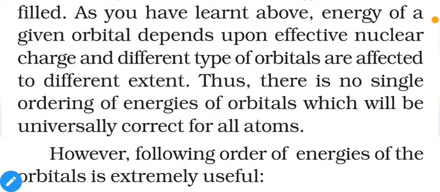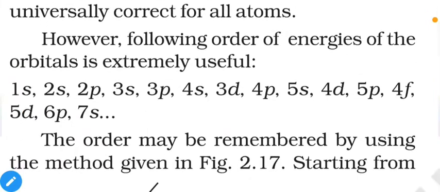As you learned above, energy of a given orbital depends upon the effective nuclear charge, and different types of orbitals are affected to different extent. Thus, there is no single ordering of energy of orbitals which will be universally correct for all the atoms. However, the following order of energies of orbitals is extremely useful.